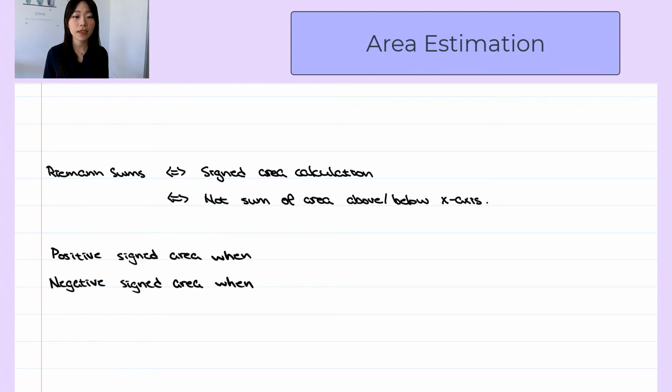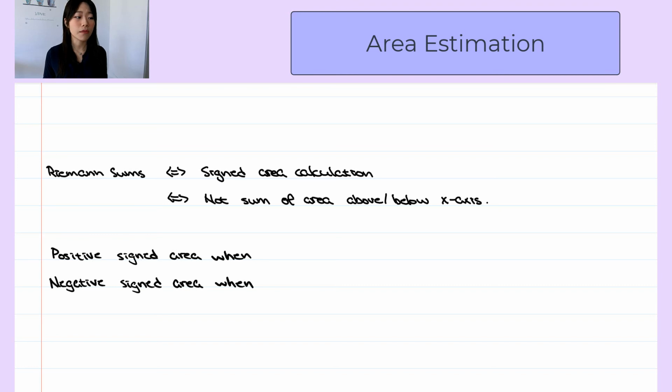However, using this method, if the function f of x is negative, then we will get a negative area. But what does a negative area mean? A Riemann sum is actually a signed area calculation, which means the area above the x-axis will be positive signed area, and the area below the x-axis will be negative signed area.